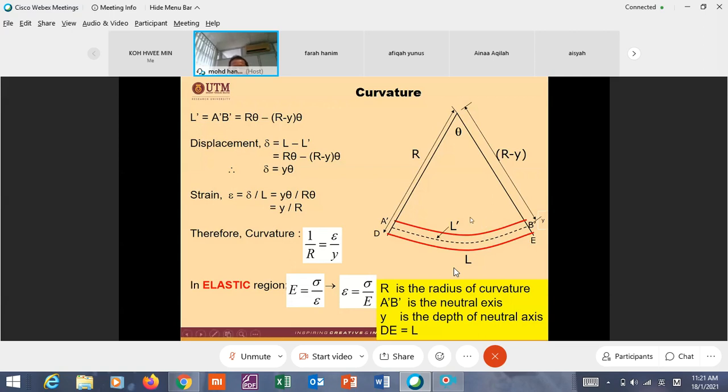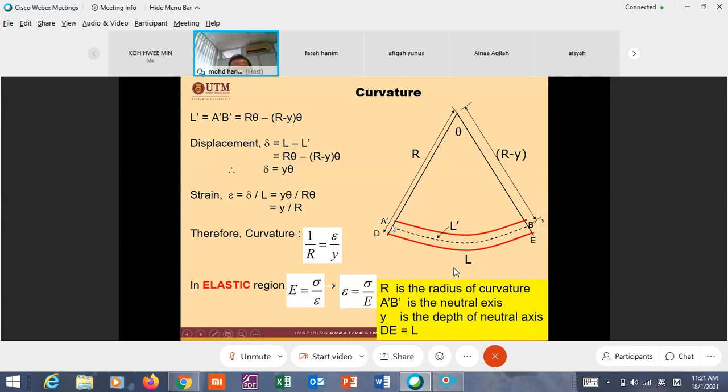And this displacement delta is L minus L'. Displacement is actually strain.